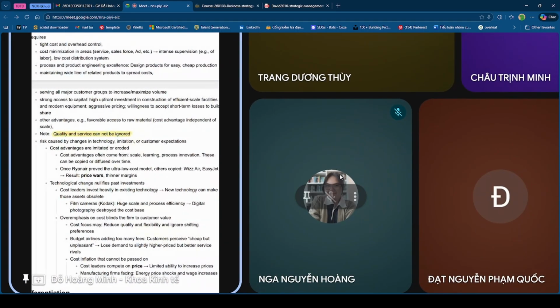And your firm must be willing to accept a loss in the short term, because you have to make your product more attractive by reducing the price. Okay? And when you reduce the price, your margin gets smaller. Okay? However, the customer will gain more.